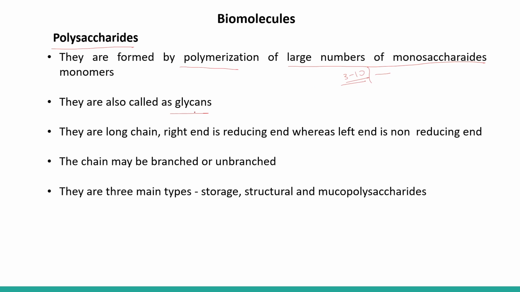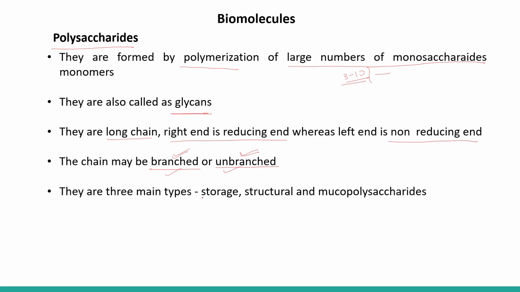They are also called glycans. They are long chains. The right end is the reducing end, whereas the left end is the non-reducing end. The chain may be branched or unbranched. We will see some examples having branched and unbranched chains.